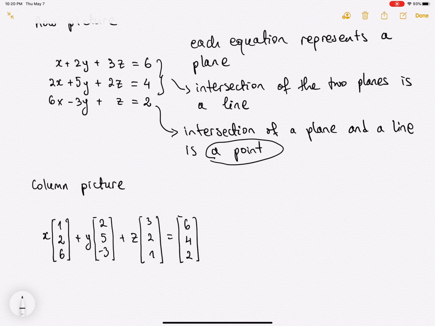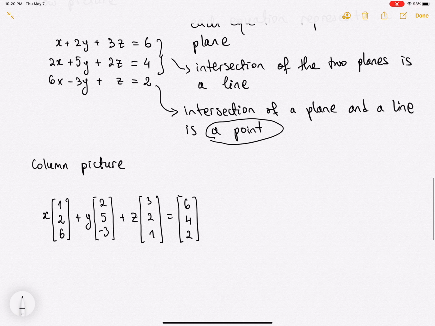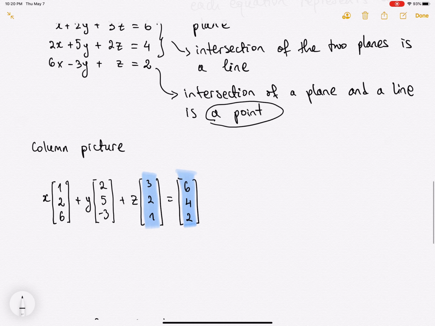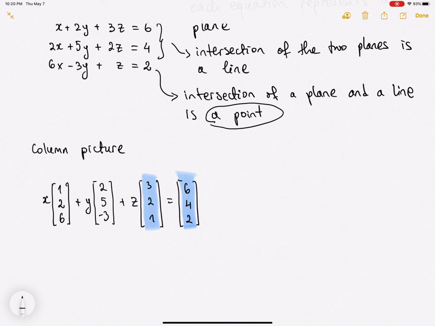By inspection of this system, it is very easy to find the point of intersection. Observe these two vectors. They are almost the same, in the way that b is 2 times the vector multiplying z. If I call this vector v, then b equals 2 times v.